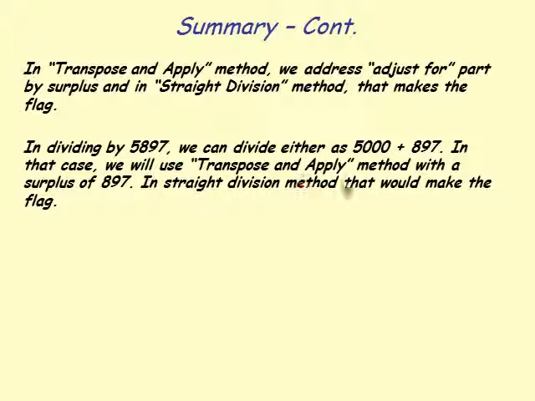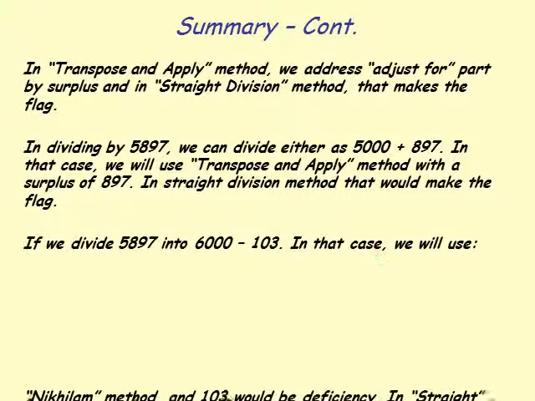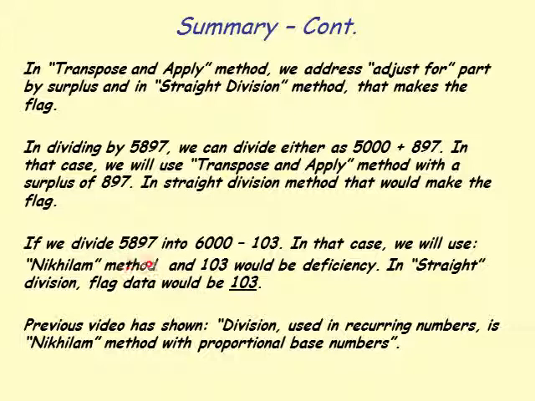In the straight division method, 897 would become the flag. If you make 5897 look like 6000 minus 103, in that case we will use the Nikhilam method, and 103 would be the deficiency. In the straight division method, the flag would be bar, negative 103.